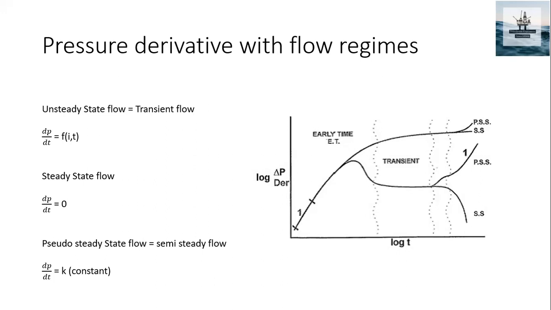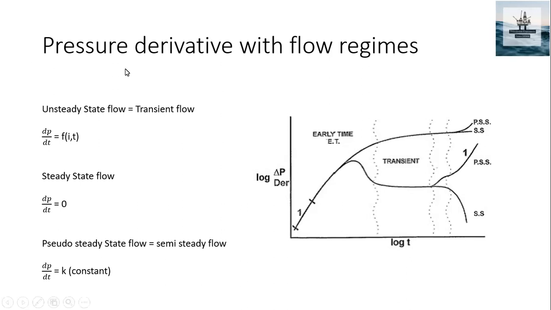That means the production period will end. Beyond that, any EOR operation or anything you do will not have an impact on production. So before that time, we need to start introducing different enhanced oil recovery techniques to continue production in pseudo steady state flow. So these are the flow regimes: initially unsteady, then steady, and finally it ends with pseudo steady state flow.